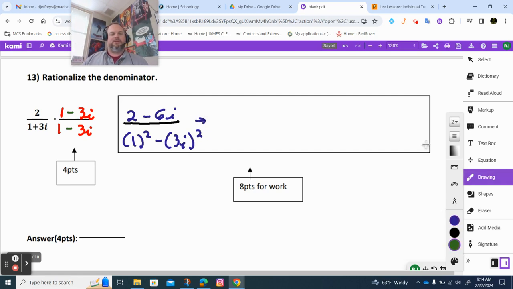This becomes 2 minus 6i over 1 minus 9i squared.